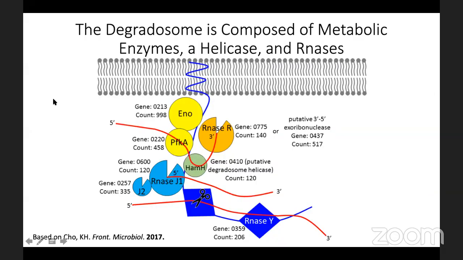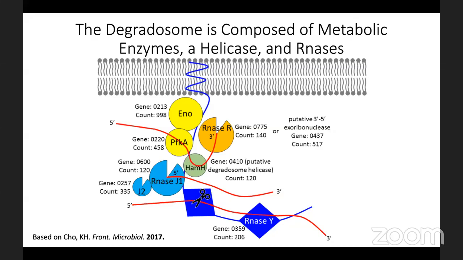And also with cell geometry, in the spatial model we can place complexes of interest if we have knowledge about them. And for this case, we're in a gram-positive bacteria. So we have a complex known as the degradosome. And the degradosome in gram-positives is composed of 2 metabolic enzymes, enolase and PFK.